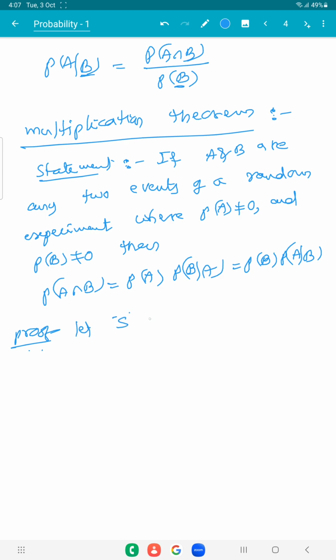Proof. Let S be the sample space of the random experiment.